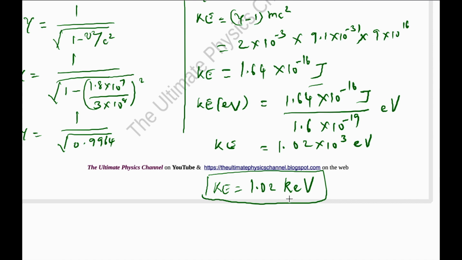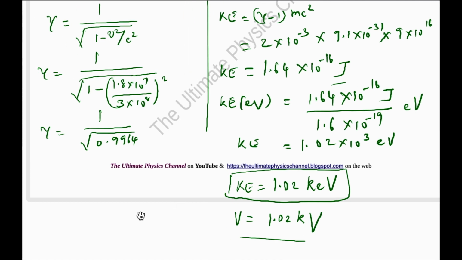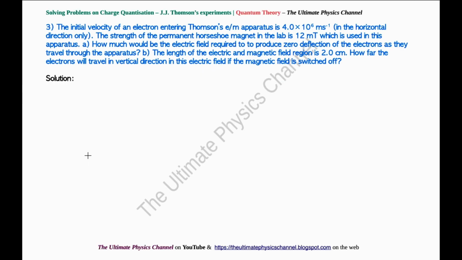Of course, for potential comparison, we simply drop this e term, so that is kilovolt. 1.02 is the potential difference. So if we want V from there, the potential difference, it is simply 1.02 kilovolts, right? So the relativistic calculation is marginally higher compared to the non-relativistic calculation.